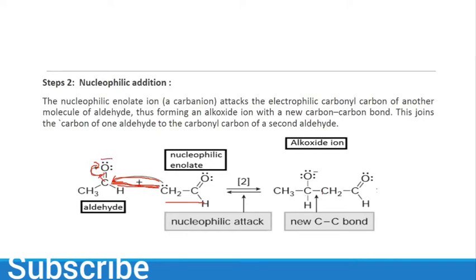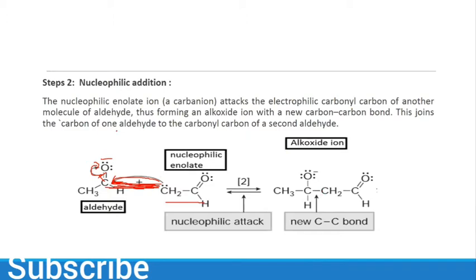This is the alkoxide ion. The nucleophilic enolate ion, a carbanion, attacks the electrophilic carbonyl carbon of another molecule of aldehyde. So this carbon will attack the carbonyl group of the other aldehyde, and we have a new bond, which is this one.